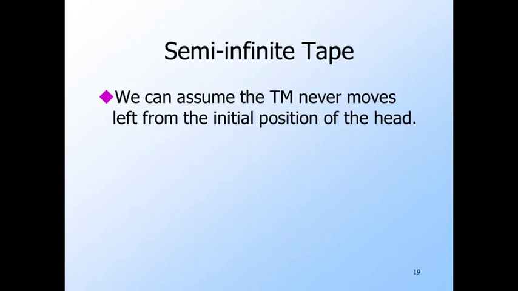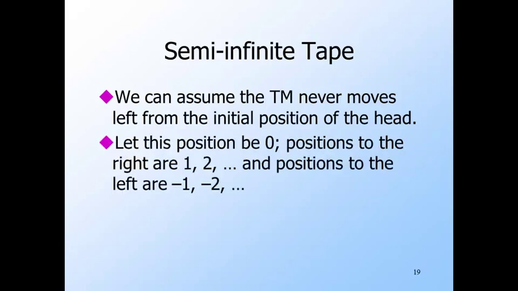Tape squares to the left of where the input is placed do not exist and may not be used. The Turing machine halts if it tries to move left into a non-existent square, but we shall see that in the construction that simulates a two-way infinite tape by a one-way infinite tape, it is also possible to design a Turing machine so it never makes that mistake and never falls off the tape.